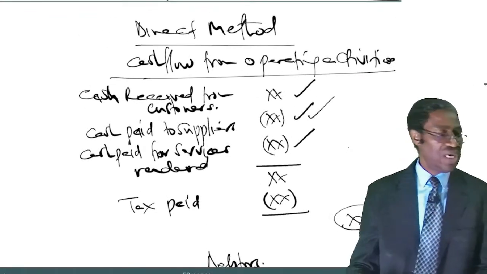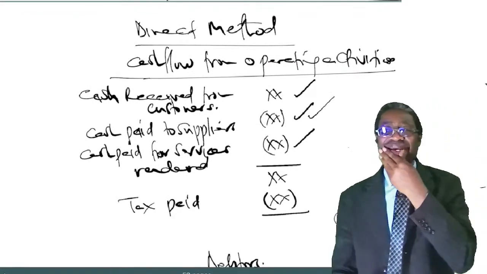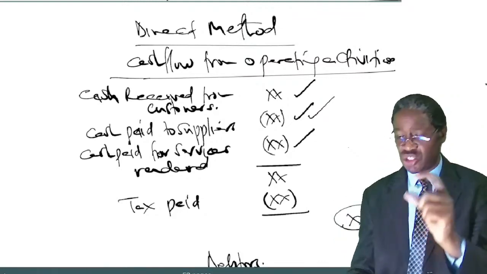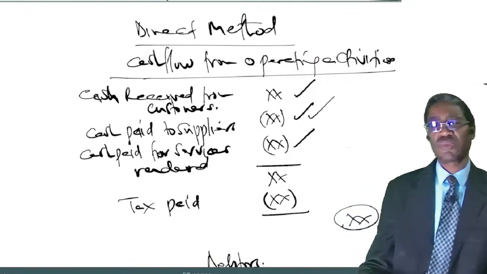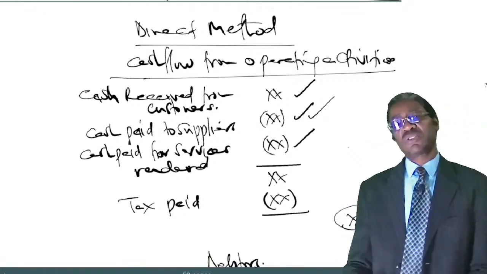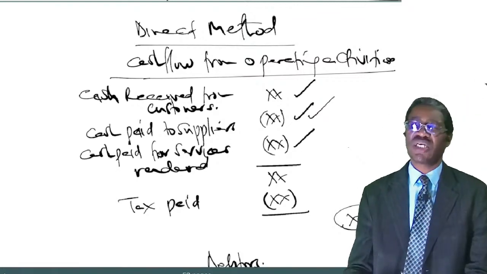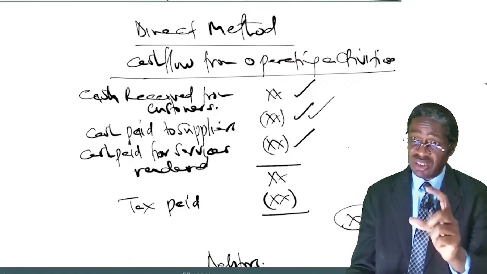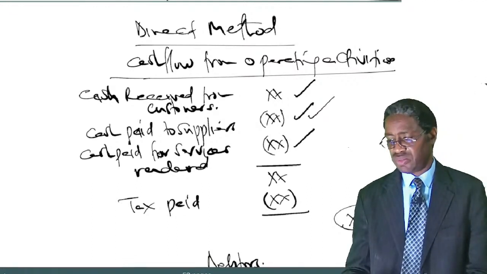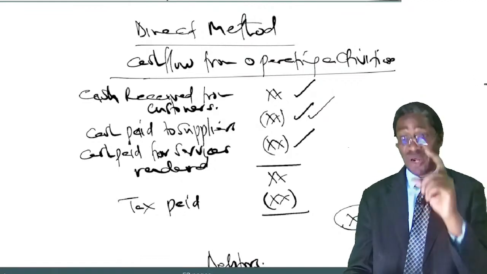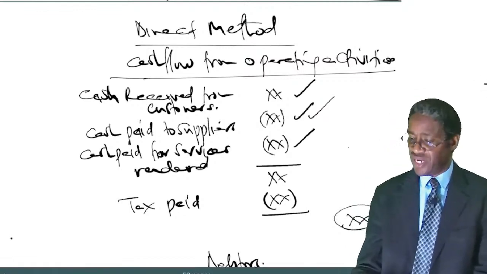Write somewhere a subheading: determination of the cash flow from operating activities using the direct method.